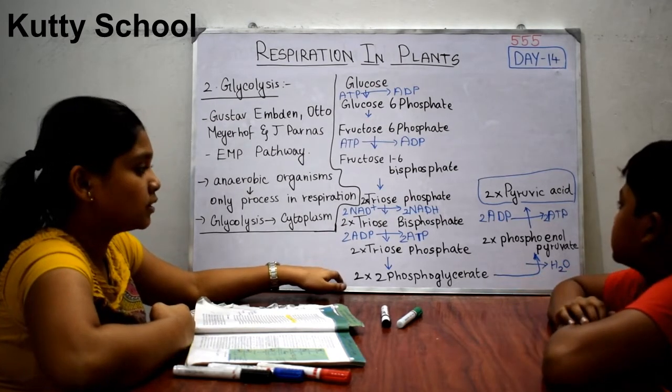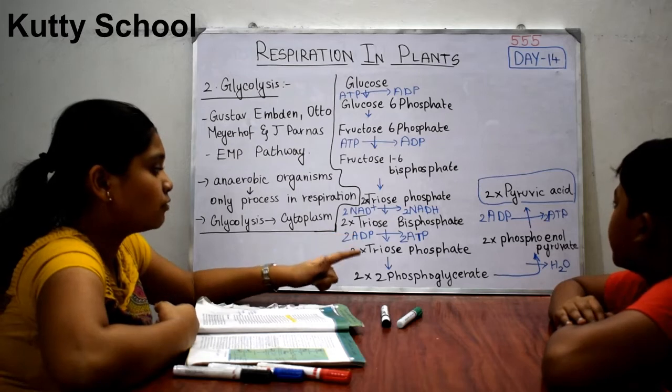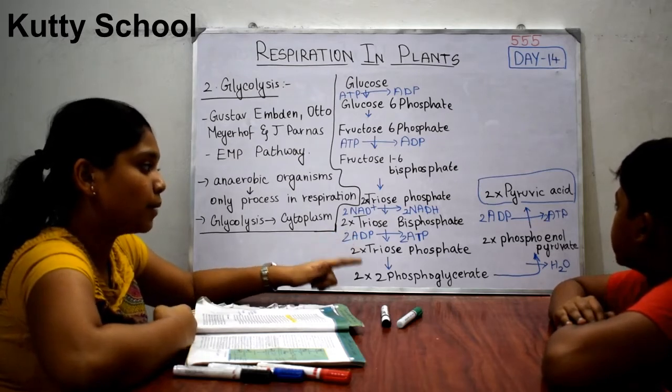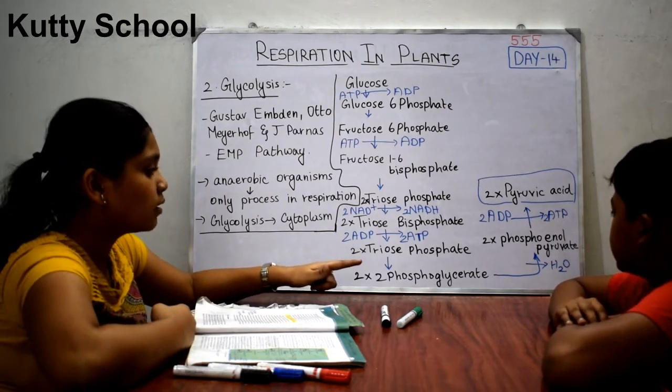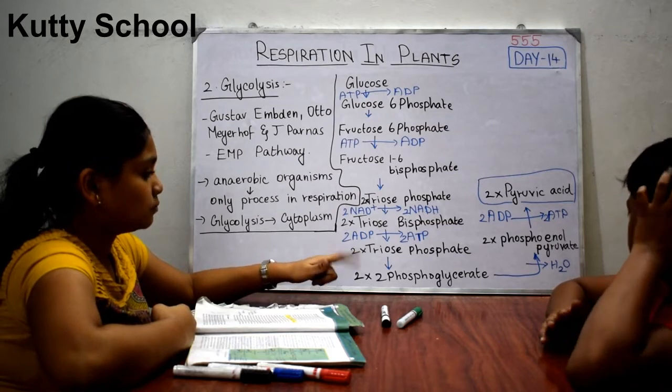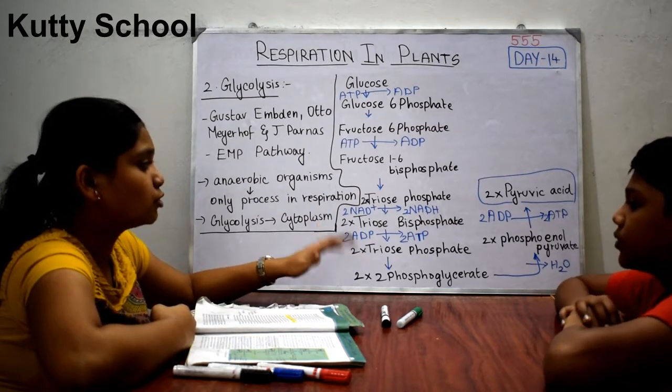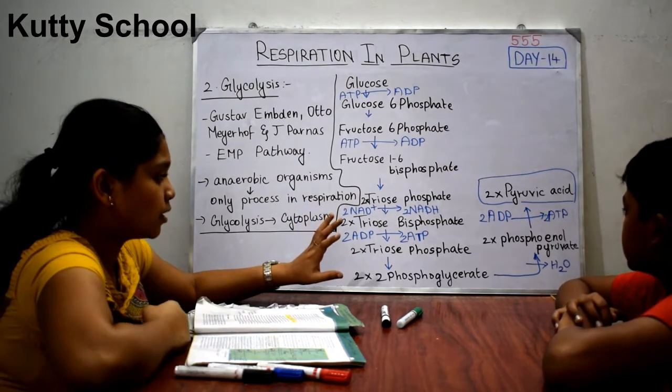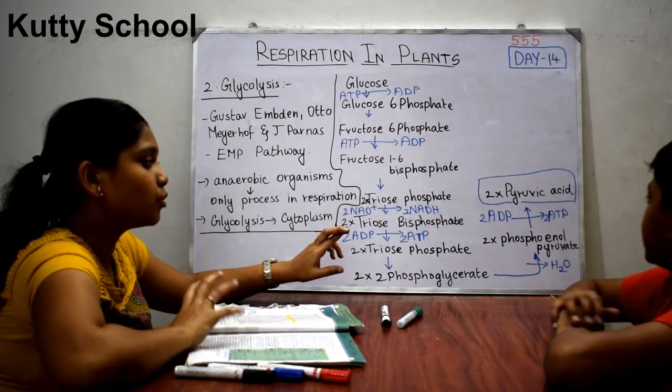This phosphoglycerate, by the release of a water molecule, forms 2 into phosphoenolpyruvate, PEP. After that it becomes 2 into pyruvic acid, which is the end product in glycolysis, with 2 ADP to 2 ATP.